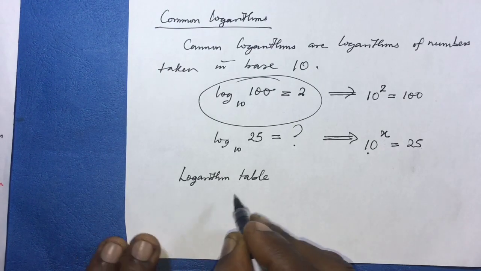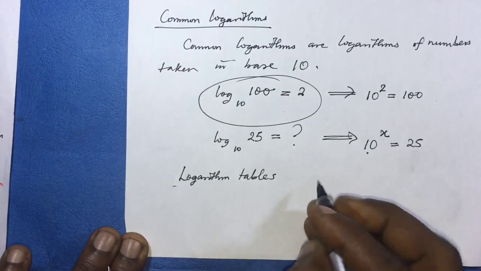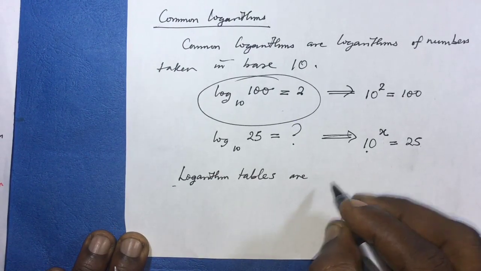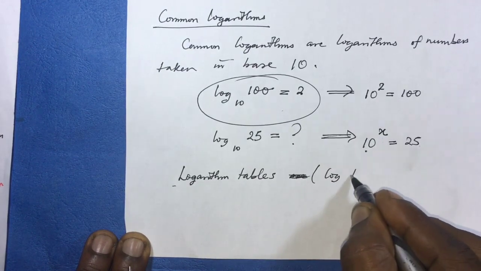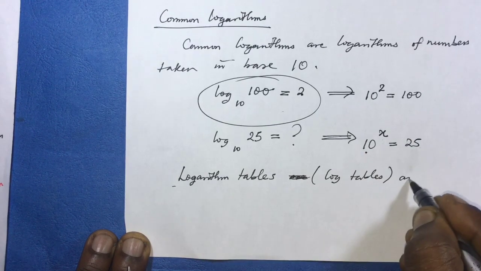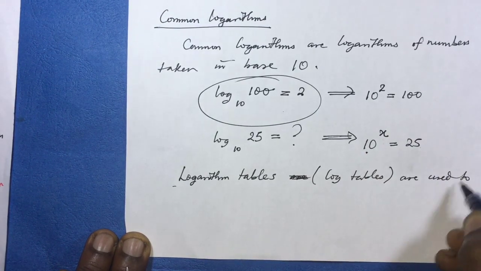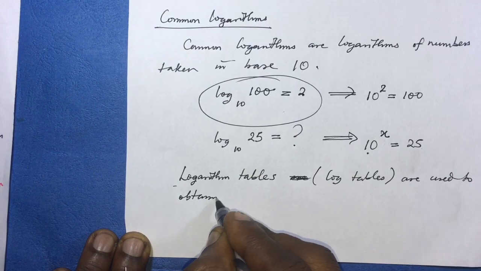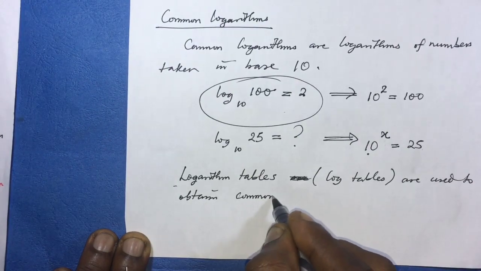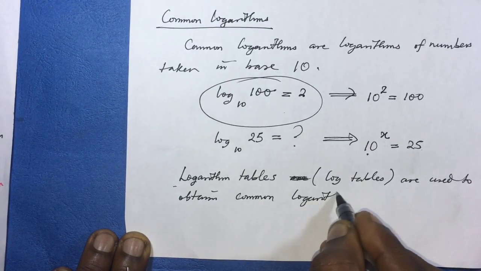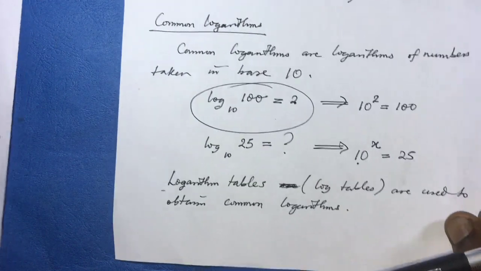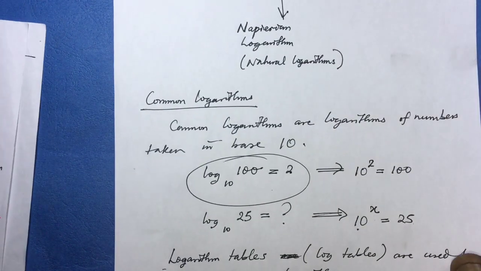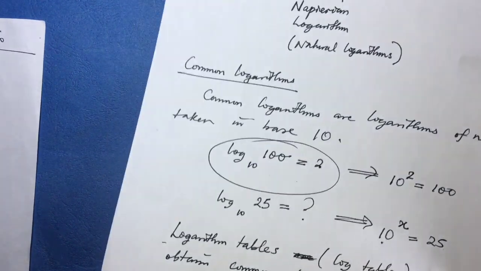Logarithm tables or log tables are used to obtain common logarithms. So if you want to obtain common logarithms, you simply use logarithm tables. I'm going to be discussing common logarithms in another video.